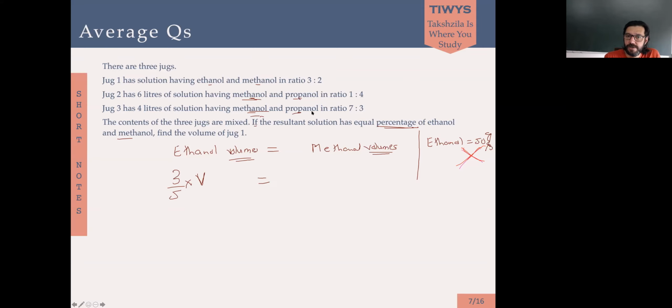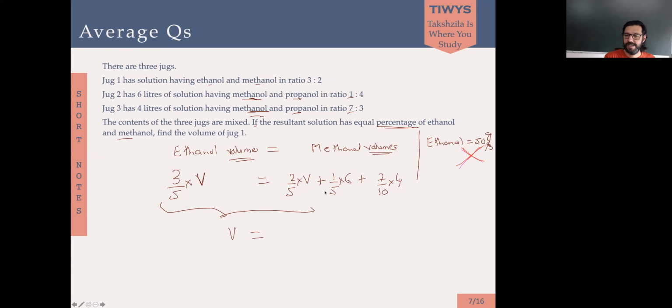And methanol here is 2/5 of that unknown V plus, from here, 1/5 of 6 liters. And what is coming from here? 7/10 of 4 liters. It could be very shortened.